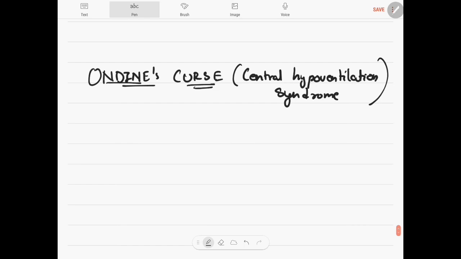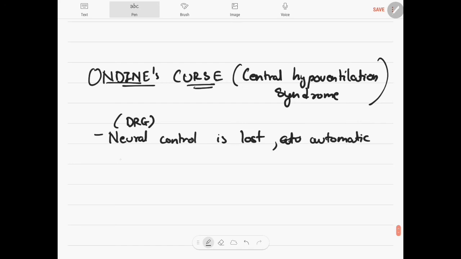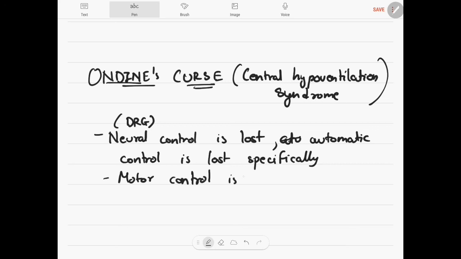Here the neural control of respiration is lost. The DRG is affected, so specifically the automatic control is lost. The motor voluntary control is still present.